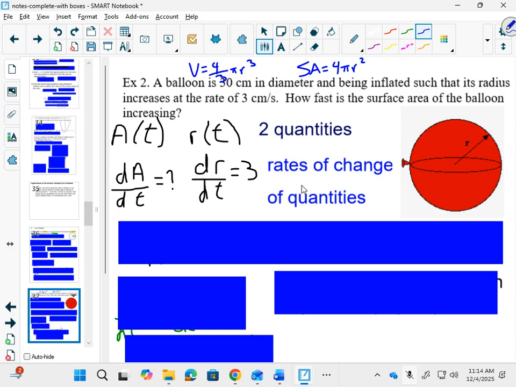What is super cool about the volume of a sphere and the surface area of the sphere now that you are enlightened calculus students? Surface area, which is one dimension down, is just the derivative of the volume. That's crazy.